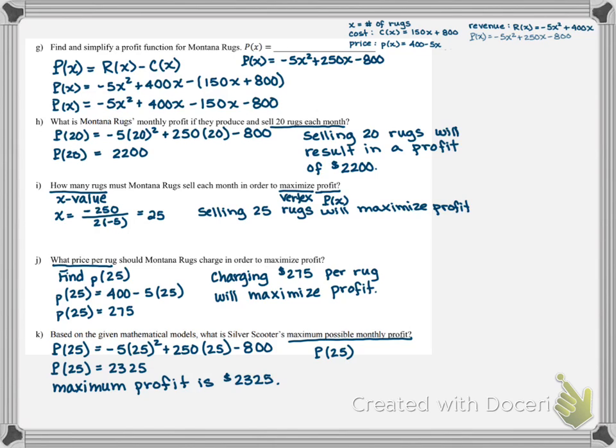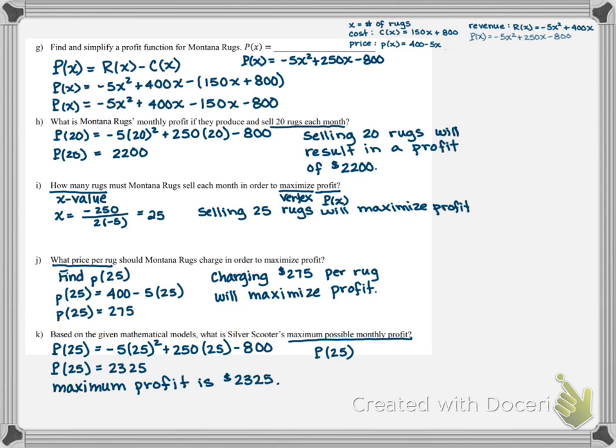But keep in mind that if all we ask is what is the maximum possible monthly profit, well, you need to build a revenue function. In order to build a profit function, you need to find the number of rugs that will maximize profit in order to find the profit. So you basically have to do all of this stuff to answer one of these questions, right?